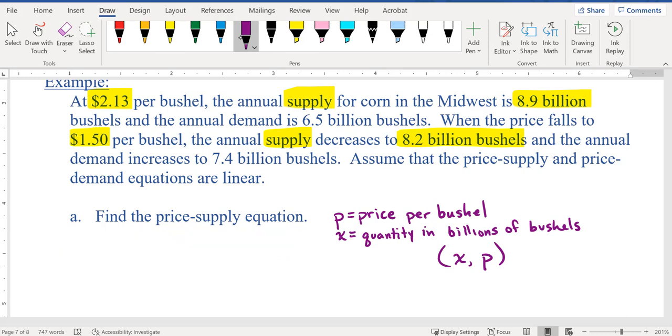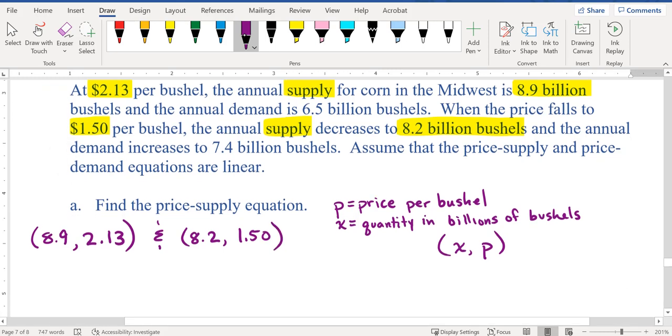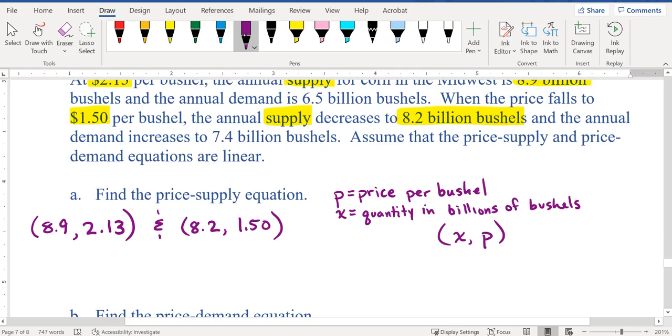Now let's go after our points. So I want it in the form of x comma p. So x is the quantity in billions, so 8.9 billion bushels when the price is $2.13 per bushel. My second point for my price supply, I have 8.2 billion bushels when the price is 1.50 per bushel. Now let's find the line that goes through those 2 points.